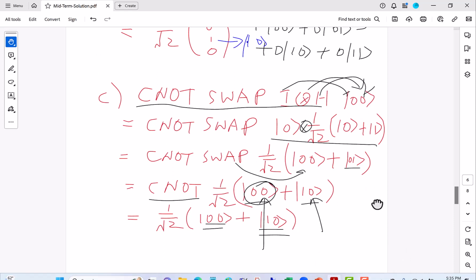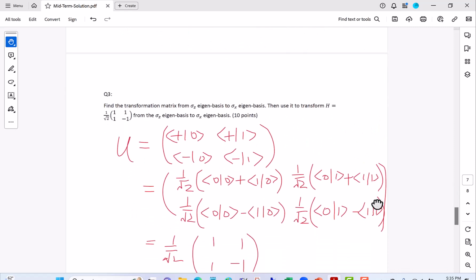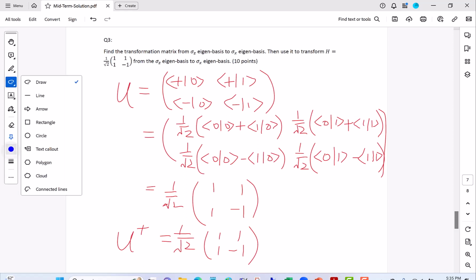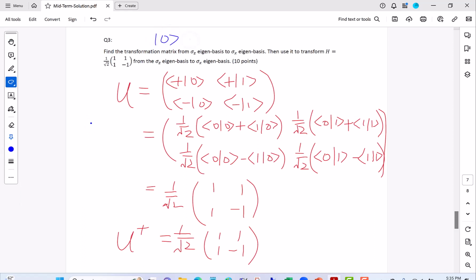Yeah, still one more. This one, somehow, many of you did not do it well. So what I am trying to ask is that I want to find the transform matrix from the sigma z eigenbasis to the sigma x eigenbasis. So what does it mean? The sigma z eigenbasis means the basis formed by 0 and 1, because 0 and 1 are the eigenvectors of sigma z.